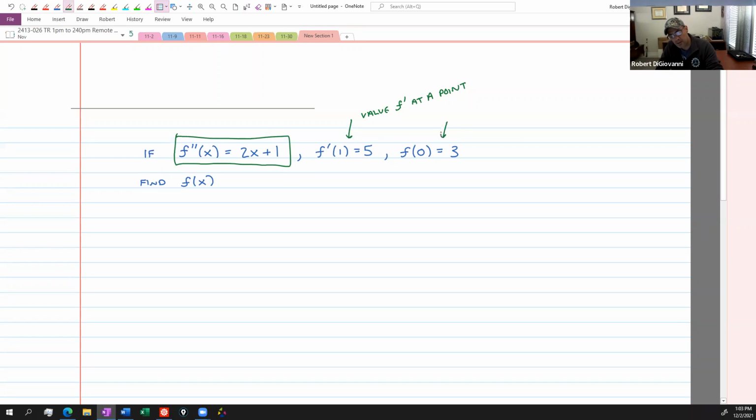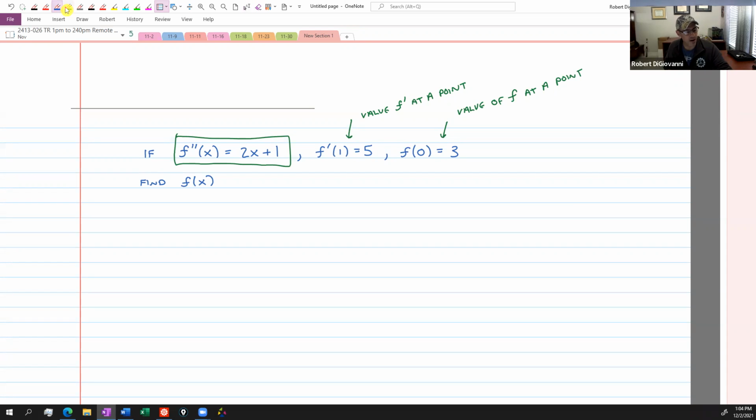And then they'll also give you the value of the original function f at a point. So we know everything about the second derivative. We know one thing about the first derivative, and we know one thing about the original function. And the question is, from that, can you recover the original function?